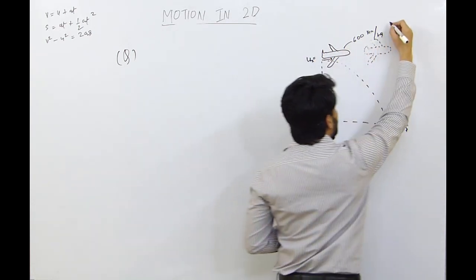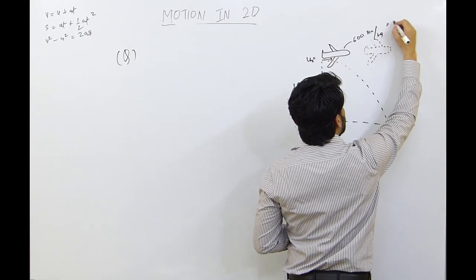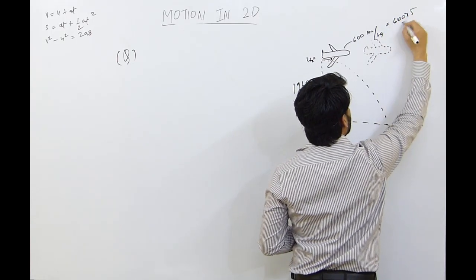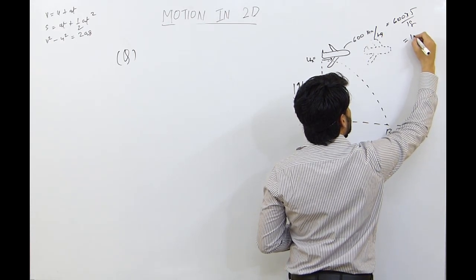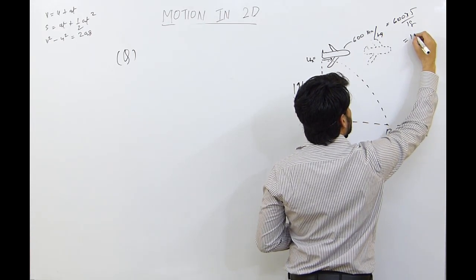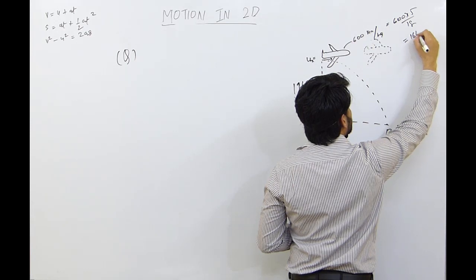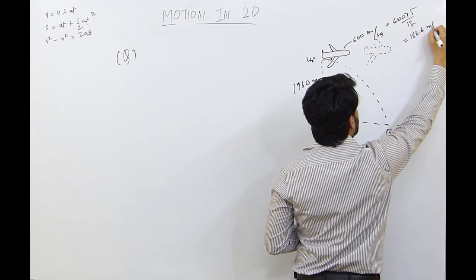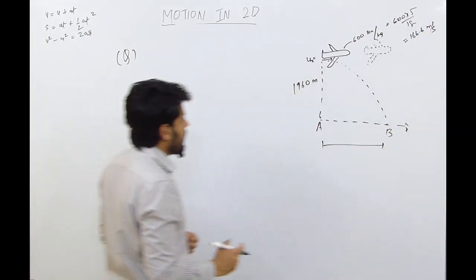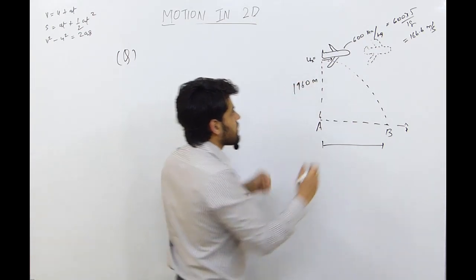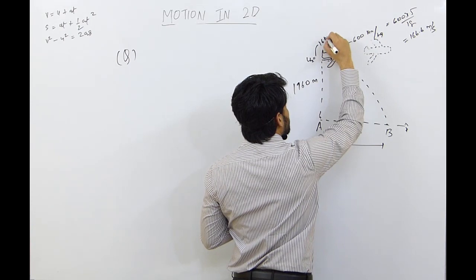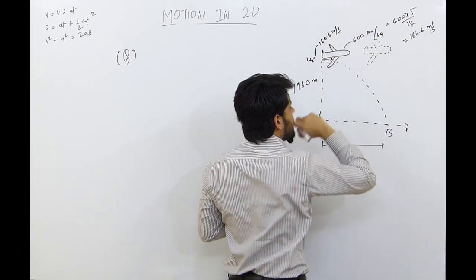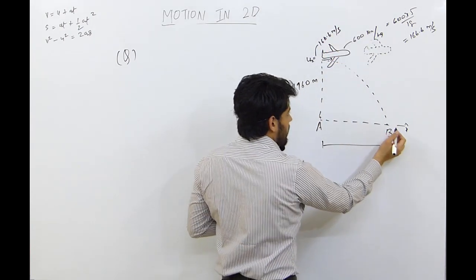We will convert this into meter per second: 600 into 5 by 18, which is 166.6 meter per second. The ux will be the same as the plane, that is 166.6 meter per second.